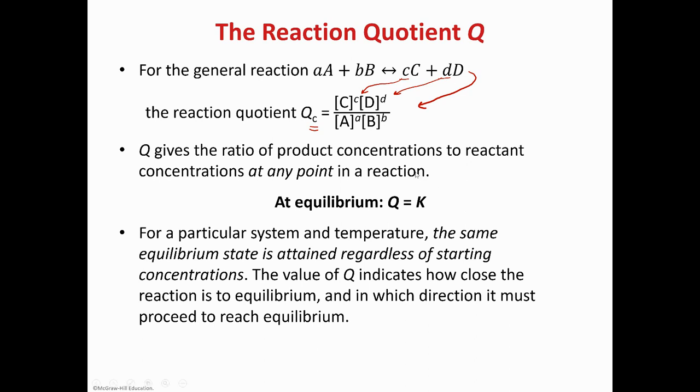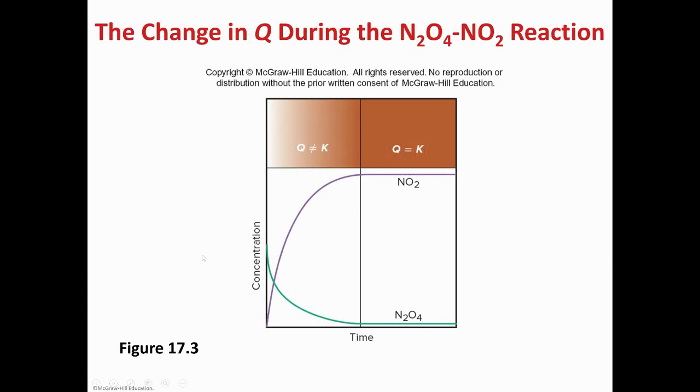So I think there's an example next. Let's take a look. It's a picture. So at some point in a reaction, this was for the N2O4 going to the 2NO2, there comes a point over time where Q equals K, and that's where you have a certain ratio of product over reactant.